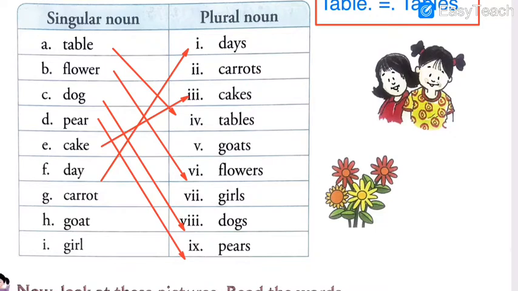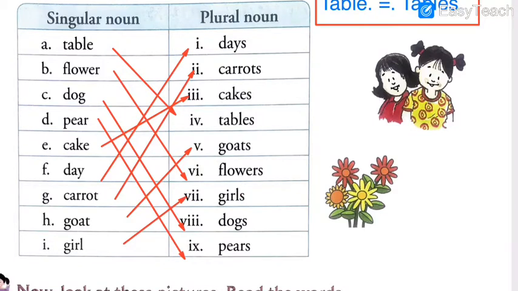So let's match G, carrot, with the plural carrots, number 2. Next is goat. Simply it will match with goats. So let's match goat with goats. And the last one, girl, girls.